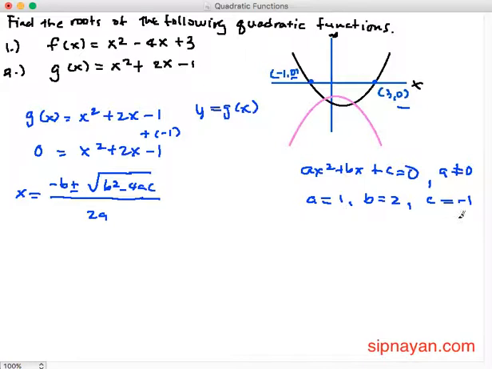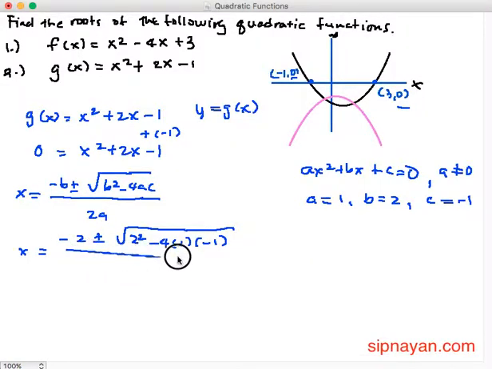Once we have identified a, b, and c, we can substitute. So, this becomes negative 2 plus minus square root of 2 squared minus 4 times a, which is 1, times c, which is negative 1, all over 2a, so 2 times 1, since our a is 1.